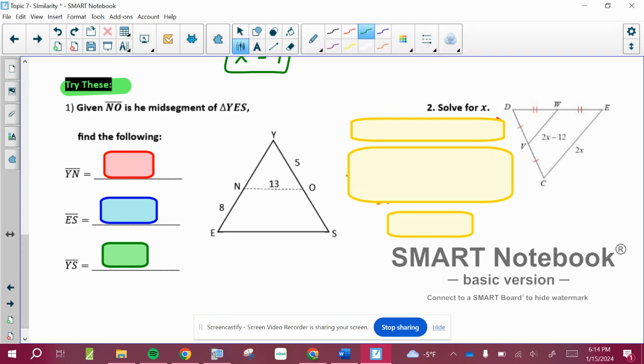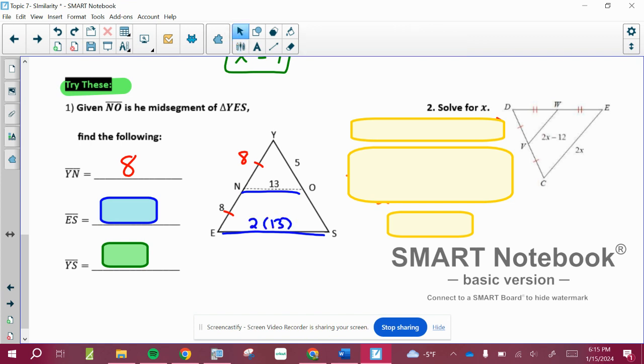Okay, if you did it right, then you can use that YN is congruent or equal to EN. So if EN is 8, so is YN. Okay, to find ES, well, ES is our third side, which is parallel to the mid-segment. So in order to find that length, we just double the mid-segment.